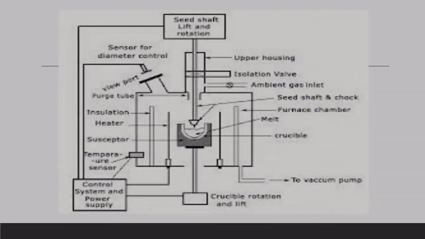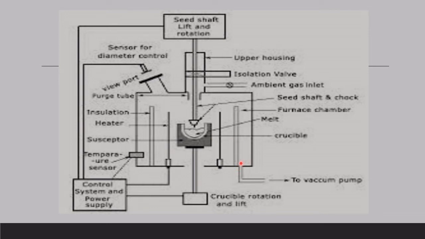Now let us look at the CZ crystal growth system. This is a quartz envelope, a big quartz chamber with gas inlet and gas outlet. This quartz envelope may be water cooled.